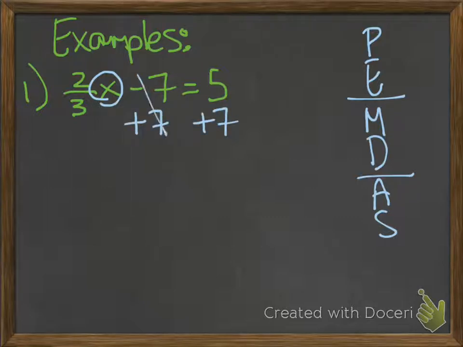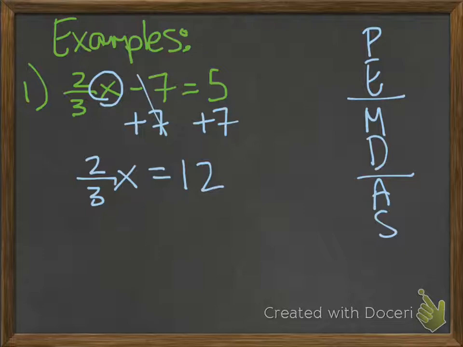And again, I'm demonstrating this for two reasons. So you refresh your memory on how to solve equations, but also so that you know at this point how I want to see you show your work. So when we add 7 to both sides, we get 2/3 x equals 12. Now we're multiplying x by 2/3. So in order to undo multiplication, we would divide.